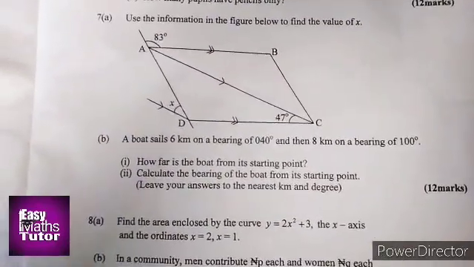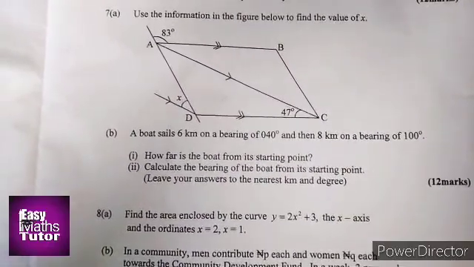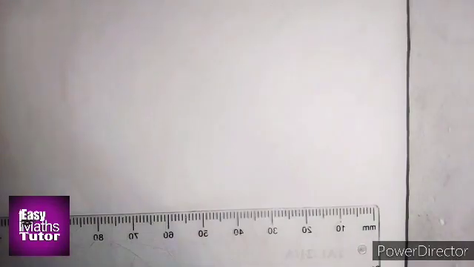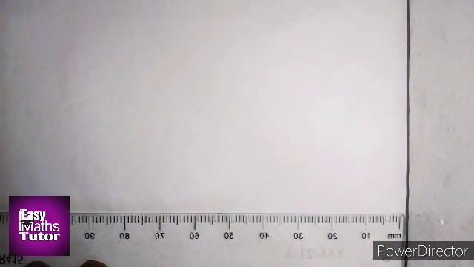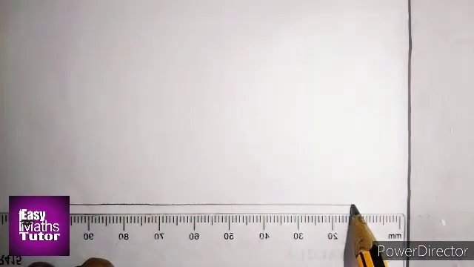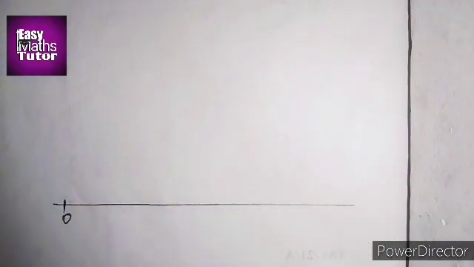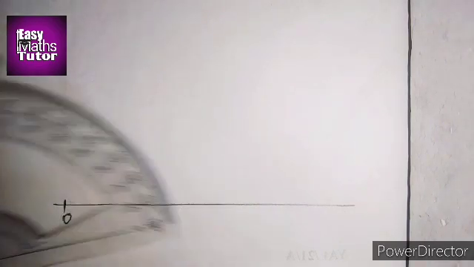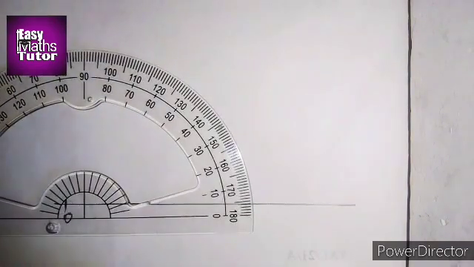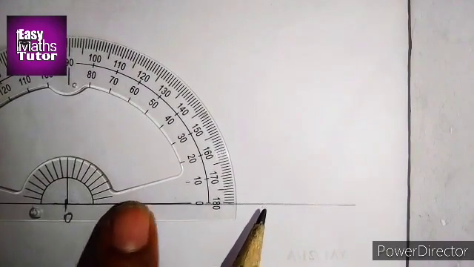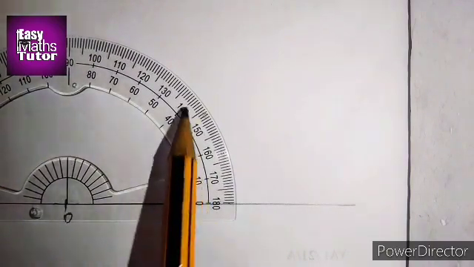So we're going to use our math set. We choose a starting point, and we choose this as the starting point. We're going to take 40 degrees, so we'll use our protractor. We construct 40 degrees.